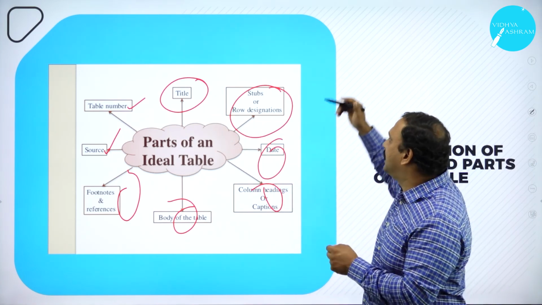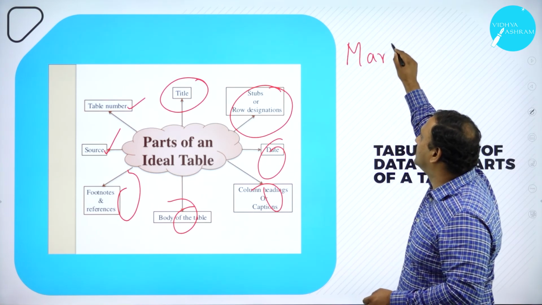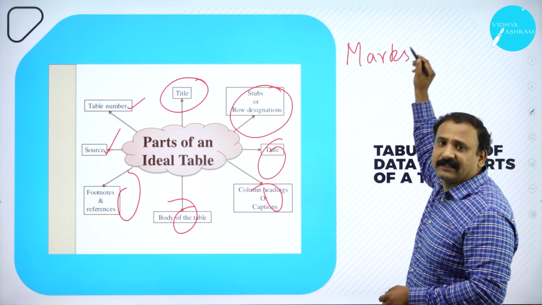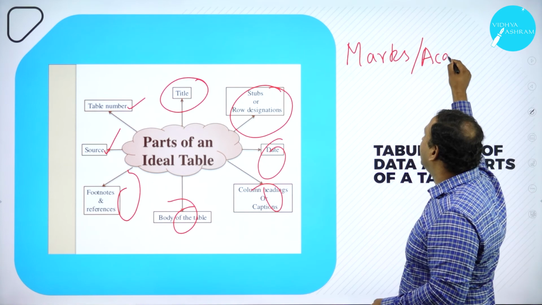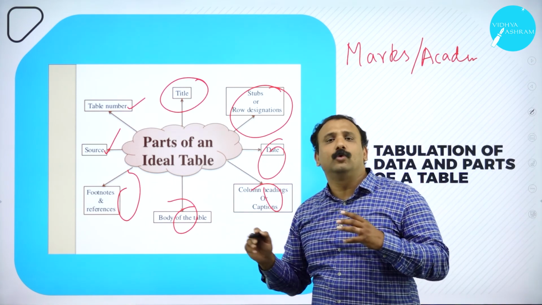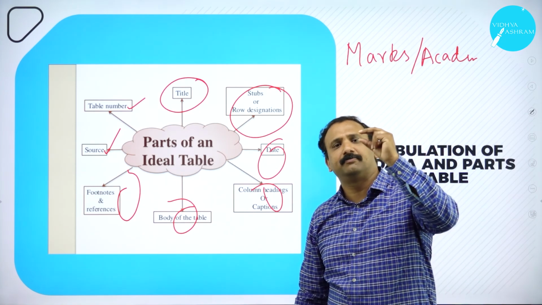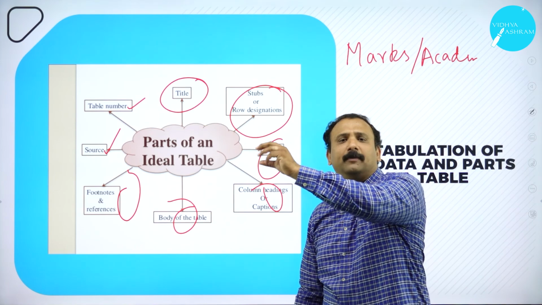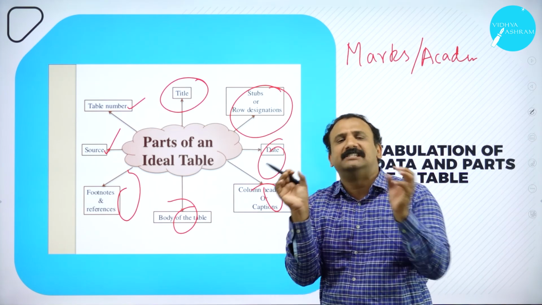Let's say that we are going to keep the title as marks of a student, or we can say academic performance. So that can be the title of the table altogether. Next, you have different rows and stubs where you will put the subjects, for example, English, Maths, Chemistry, Commerce, Economics, whatever the subjects are, and you're going to give a designation for that.